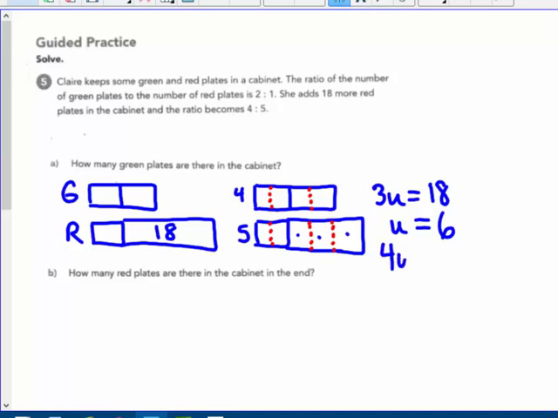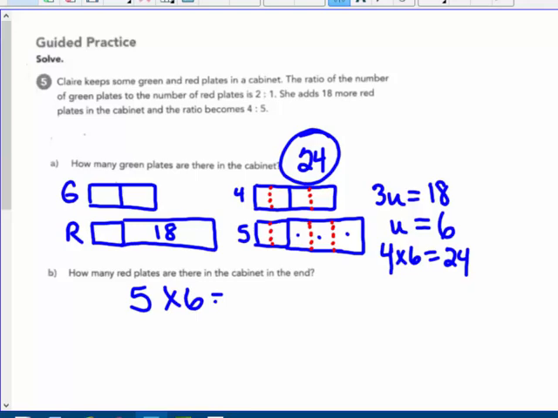So 4 times 6 would give me 24. So there are 24 green plates. And again, I'm not going to check that. And how many red plates are in the cabinet in the end? Well, there's a total of 5 units times 6. So 5 times 6, there would be 30. There are 30 red plates in the cabinet in the end. And that's it for today's video.